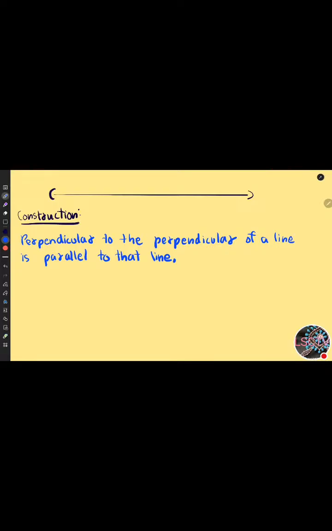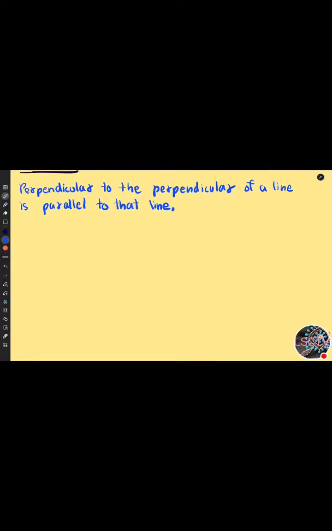Perpendicular to the perpendicular of a line is parallel to that line, right? The perpendicular of a line is parallel to the line. This is the most confusing way to say something is parallel.